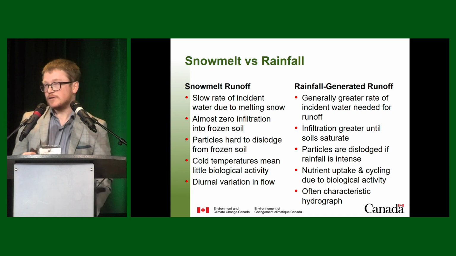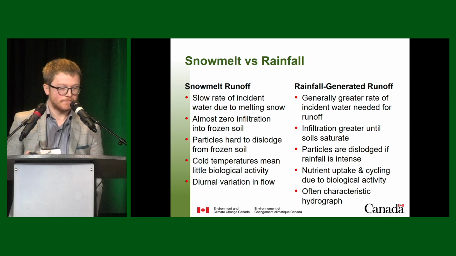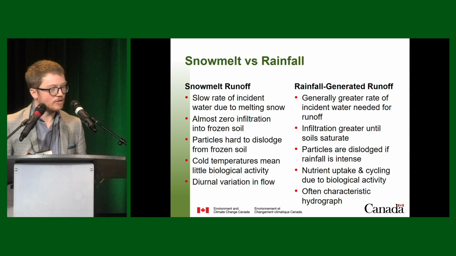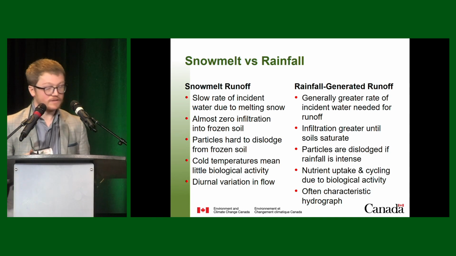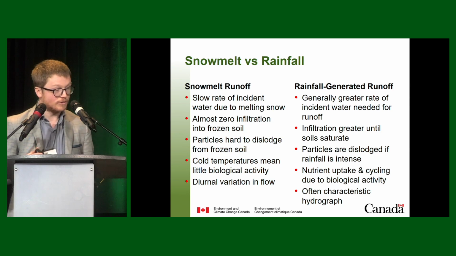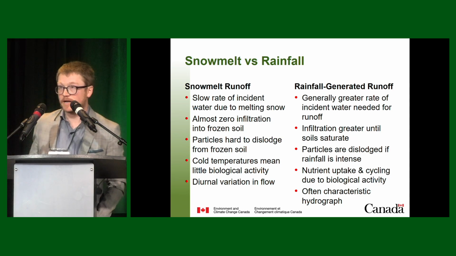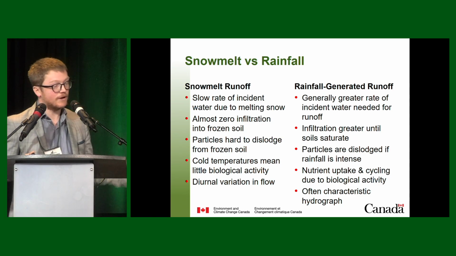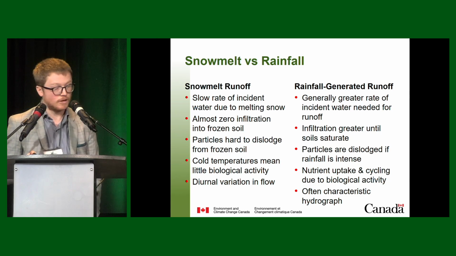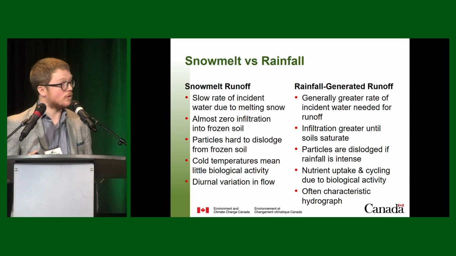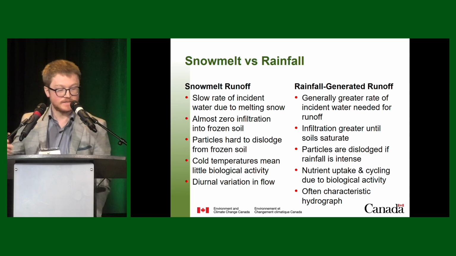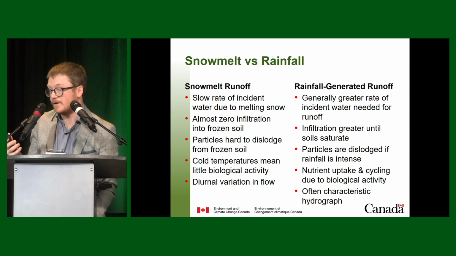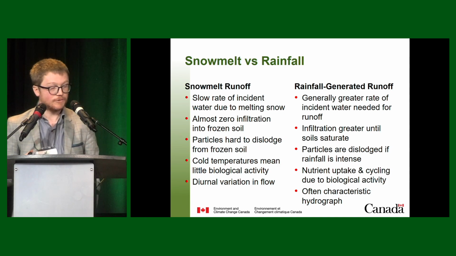We can then contrast snowmelt runoff versus rainfall runoff, looking at some of the major characteristics. For snowmelt, we see a slow rate of incident water due to melting snow, in contrast to rainfall, generally a greater rate of incident water needed for runoff generation. Under snowmelt, almost zero infiltration due to that frozen soil, in contrast to infiltration greater until the soils become saturated.